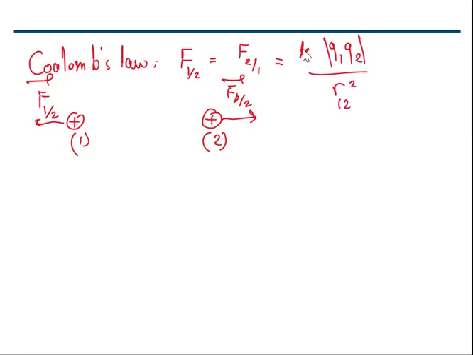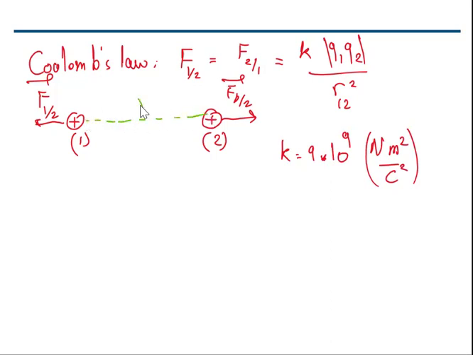So it's equal to K multiplied by the absolute value of the product of the two charges divided by the distance between them squared. And we know that K is equal to 9 times 10 to the power 9 newton meter squared per coulomb squared. So it's clear, R is the distance between charges 1 and 2.